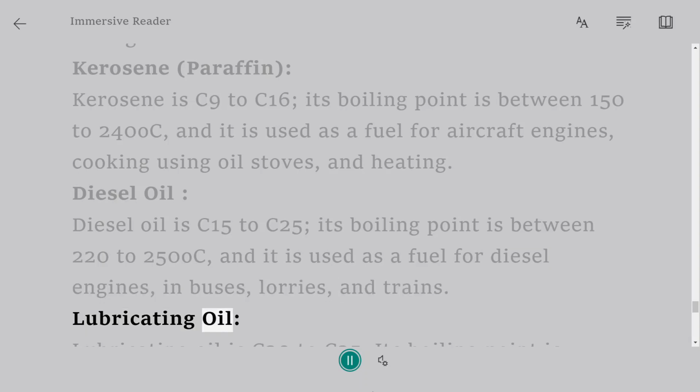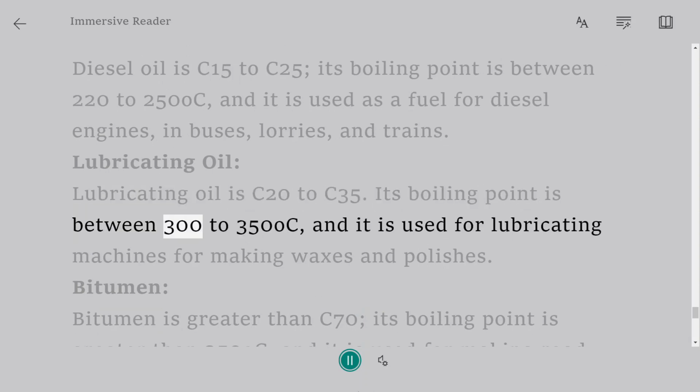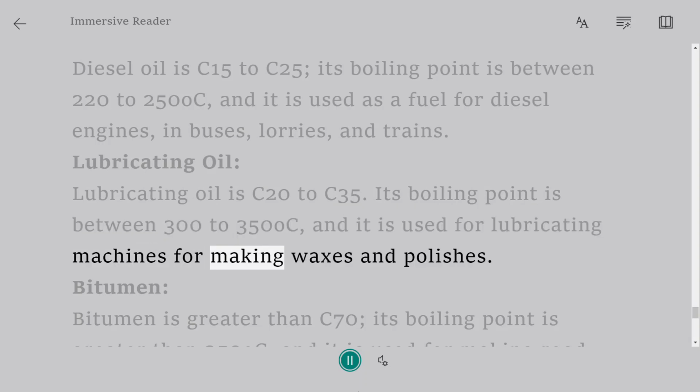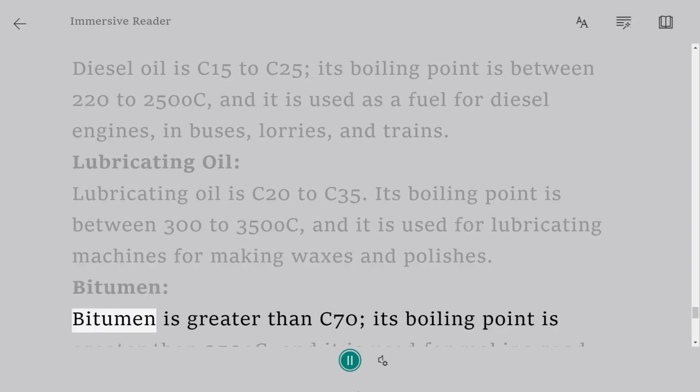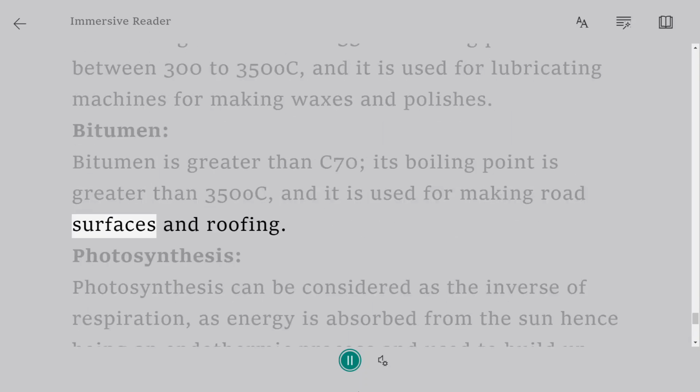Lubricating oil. Lubricating oil is C20 to C35. Its boiling point is between 300 and 350°C, and it is used for lubricating machines and for making waxes and polishes. Bitumen. Bitumen is greater than C70, its boiling point is greater than 350°C, and it is used for making road surfaces and roofing.